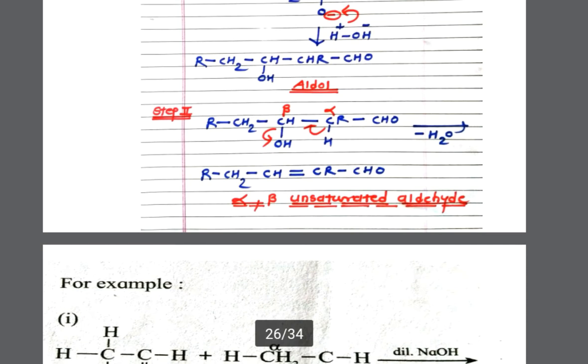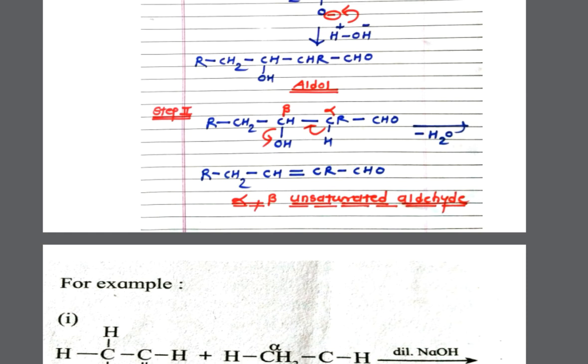In the second step, what happens? The water molecule from alpha and beta position gets eliminated. Hydrogen from alpha position and OH from beta position get eliminated and form the alpha beta unsaturated aldehyde.